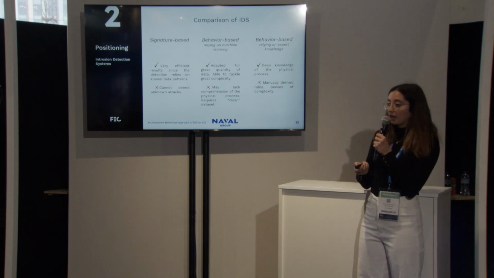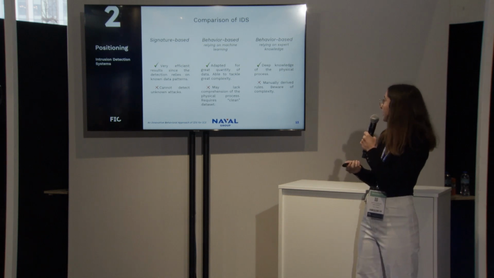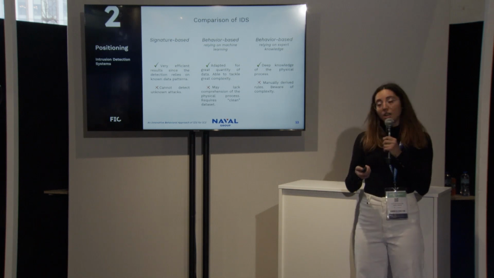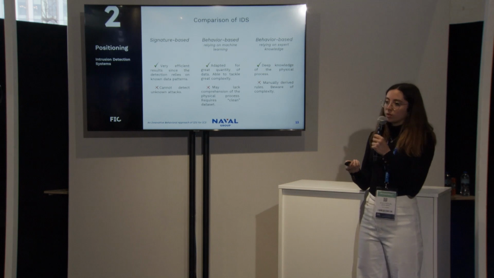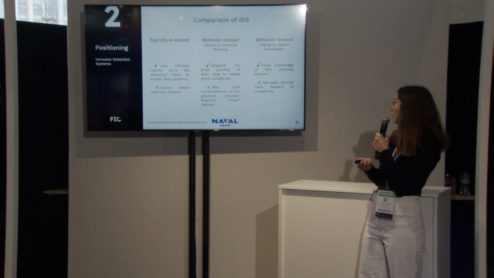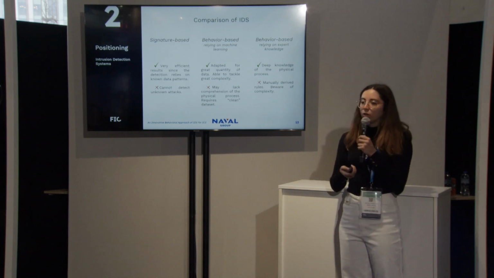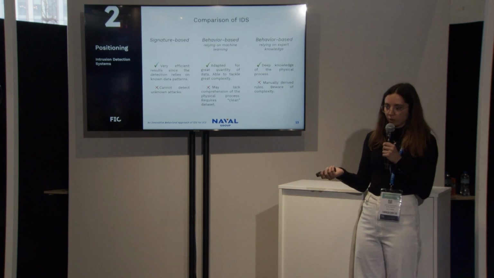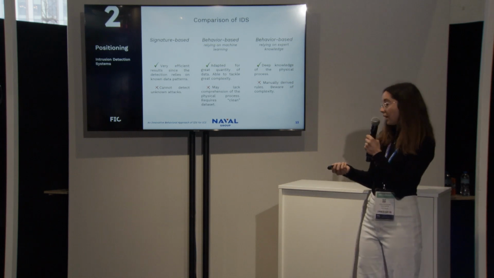On the side of behavior-based relying on machine learning, they are very well adapted for great quantities of data. They are, of course, able to tackle great complexity, but they may lack comprehension of the physical process. And there is also the work of cleaning the dataset, which can be a drawback sometimes.